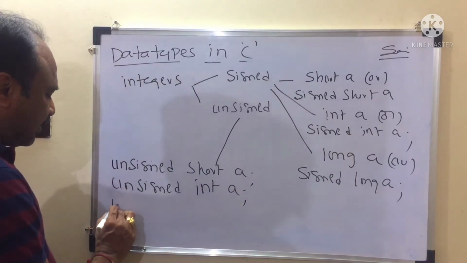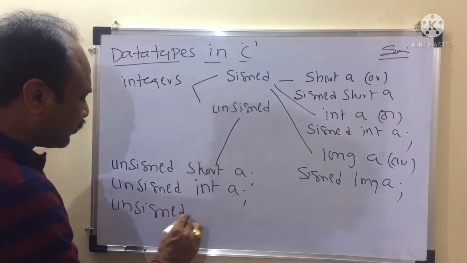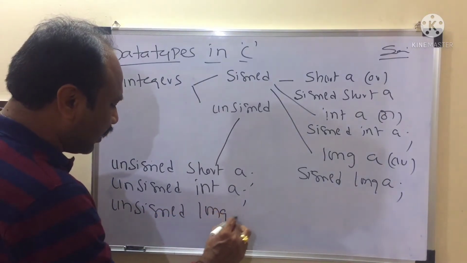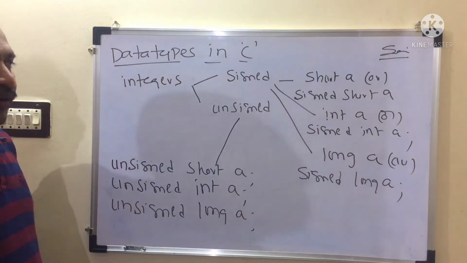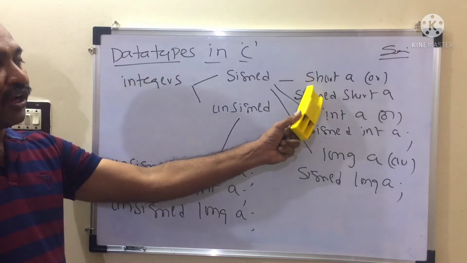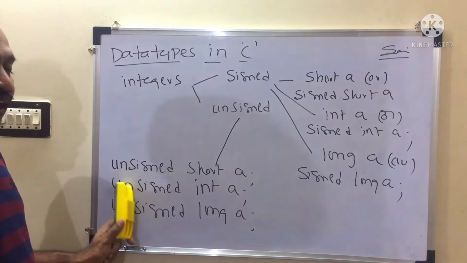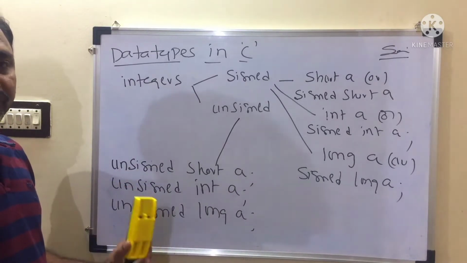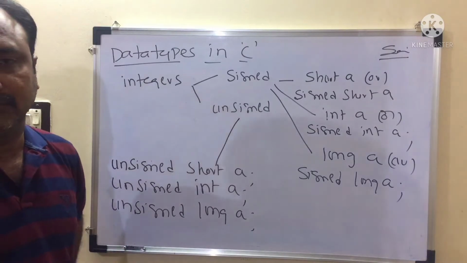If you have to declare an integer as long integer using unsigned, you have to write unsigned long a. That means to work with signed integer values, we need not use the signed keyword. But to work with unsigned integers, we should use the unsigned keyword.